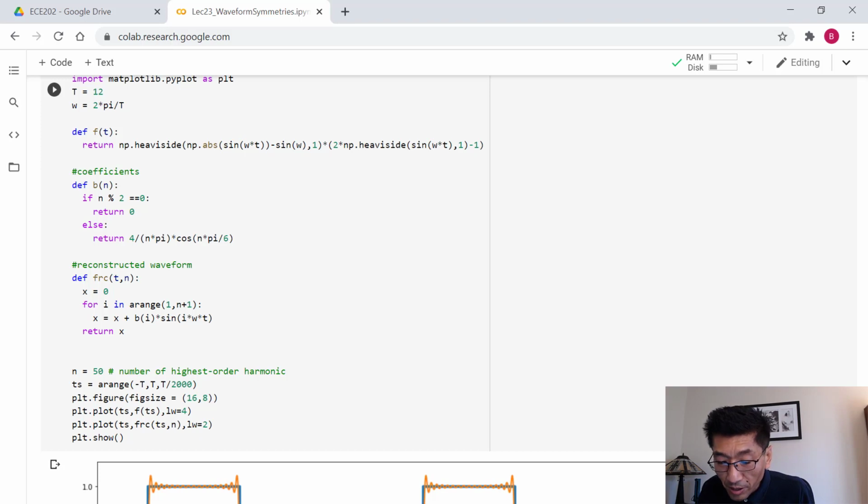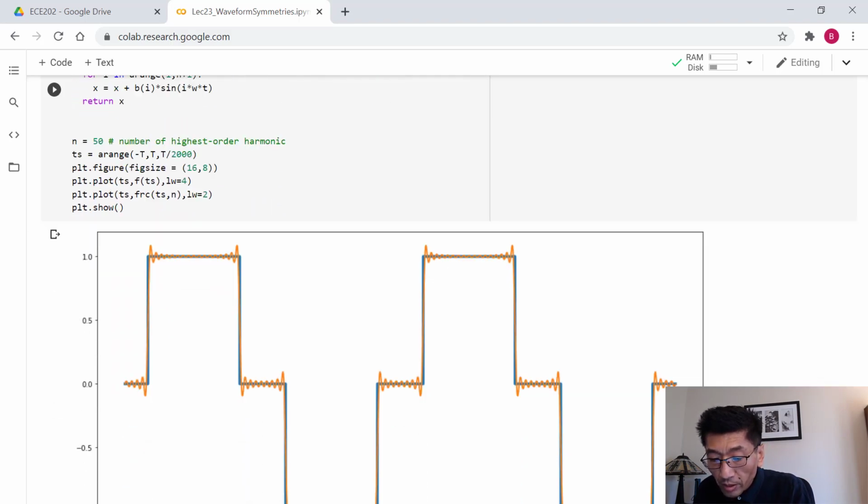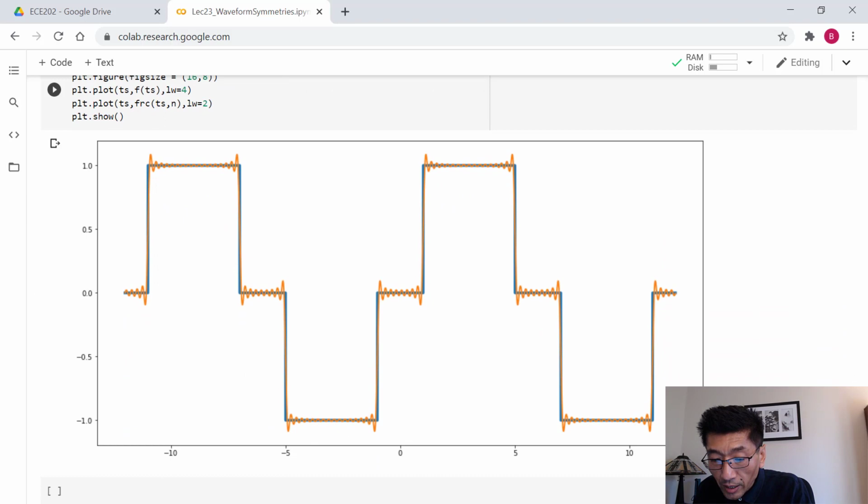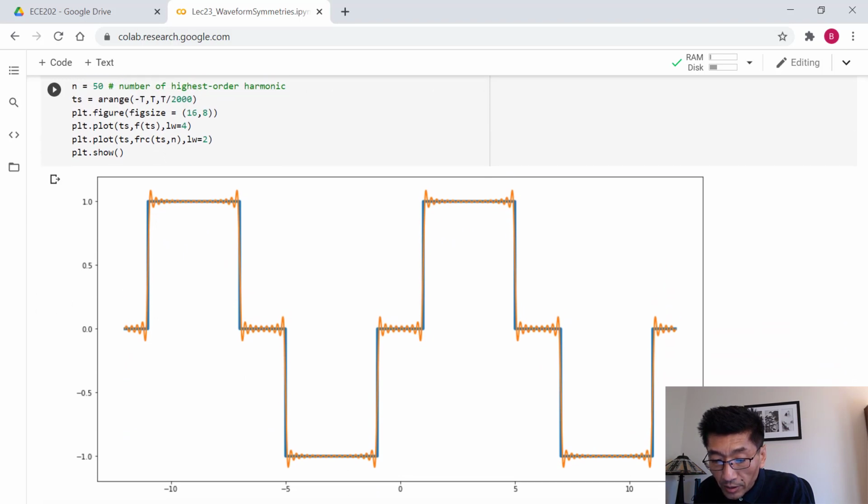And this is the reconstructed waveform. I just add the b_n, with the index here being i, and b_n times sine n omega t, where omega is 2 pi over T, and T is 12. So this is the waveform we reconstructed, and here we have 50 terms.